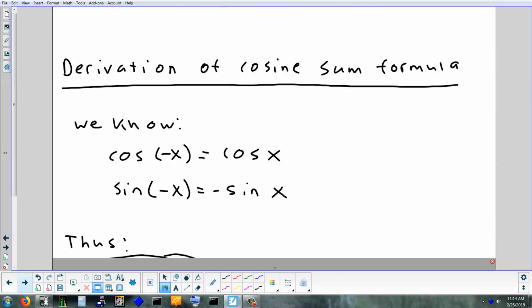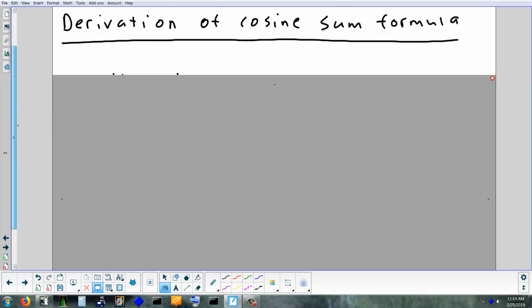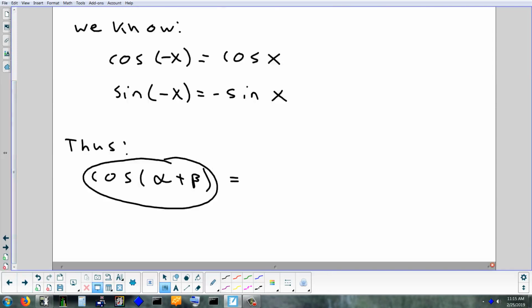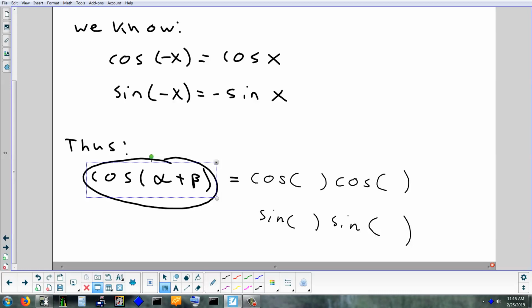All right, let's look at the cosine sum identity. So I'm just going to write down what it is. You don't need to worry about the stuff above it. Let's just write it down. It's going to be cosine, sine. If you have more room, just put it on the same line. And it's always first, second.